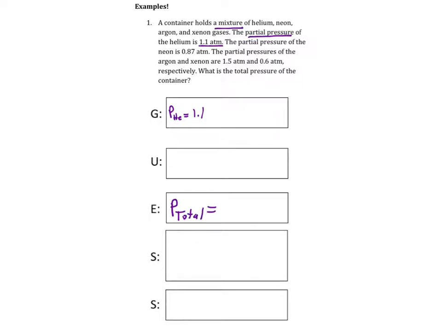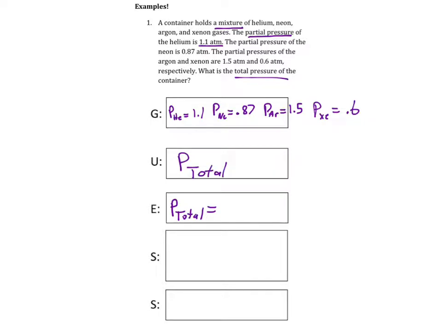The partial pressure of neon is equal to 0.87. The partial pressure of argon is equal to 1.5. And the partial pressure of xenon is equal to 0.6. These are all atmospheres. And the question is, what is the total pressure? The total pressure is what we're looking for.